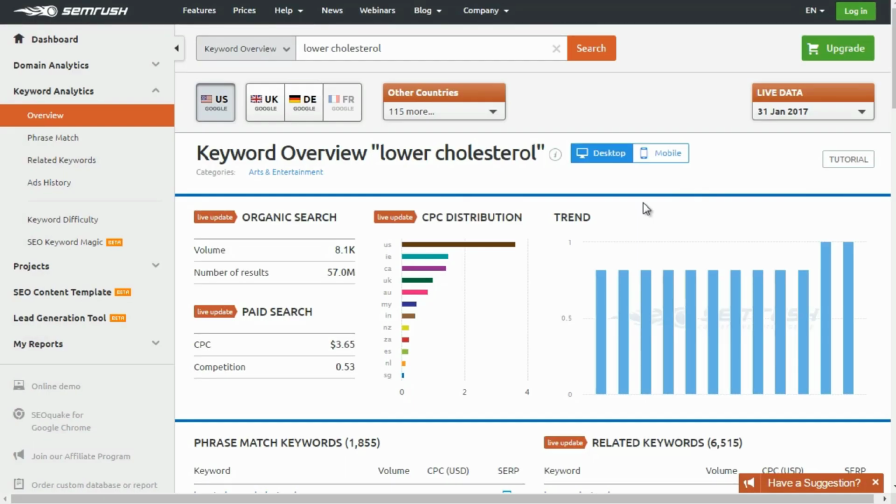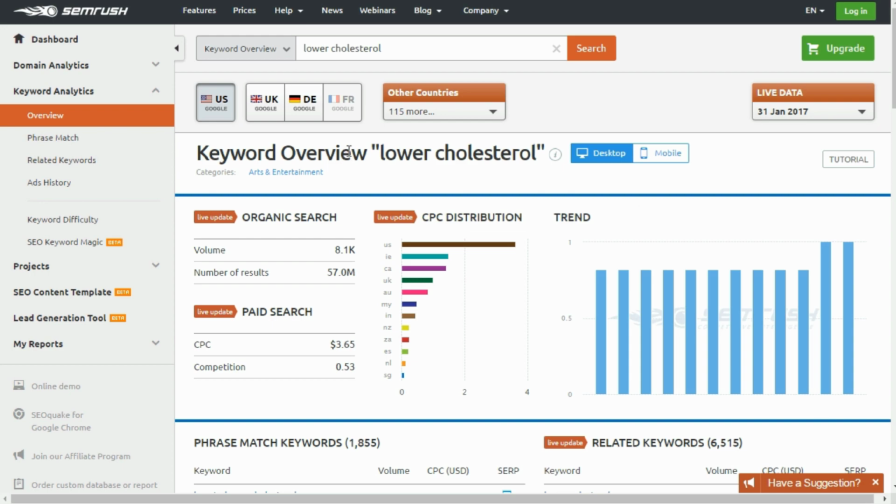There are several tools that you can use that don't cost you any money to figure out topics that are in demand, that people are searching for. The two sites are Google and SEMrush. Now, SEMrush does cost money, but they do allow a free search, which gives you a limited amount of topics.